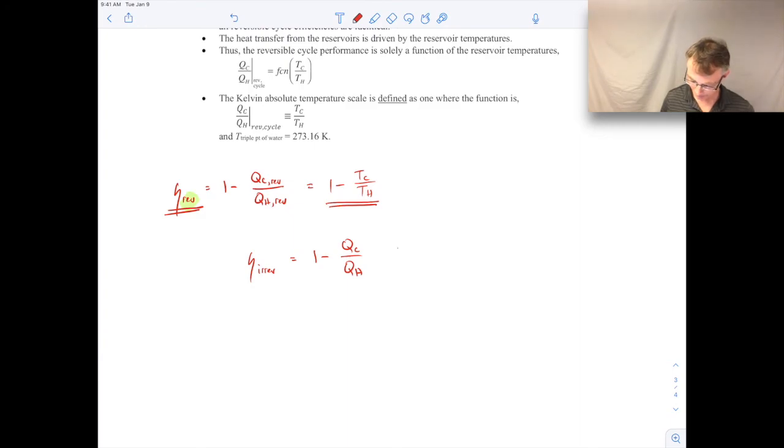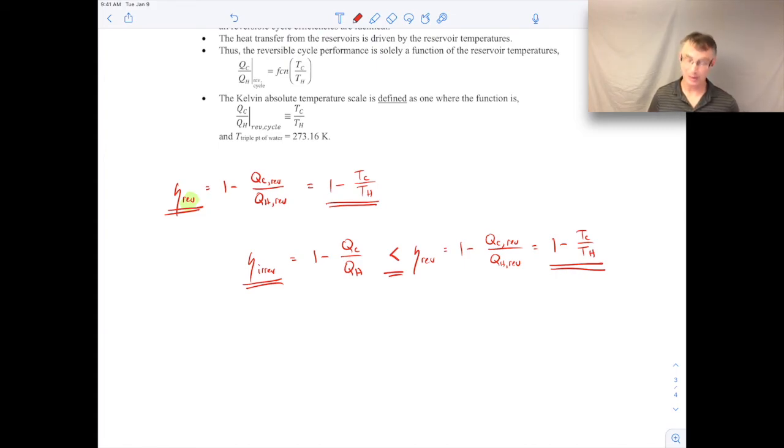But that will always be less than the thermal efficiency for a reversible system, where the QC and QH are specifically for reversible systems. And those can also be written as 1 minus TC over TH. So notice that this is going to be less than 1 minus TC over TH.